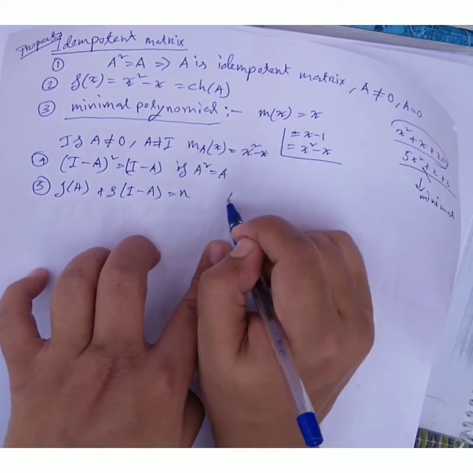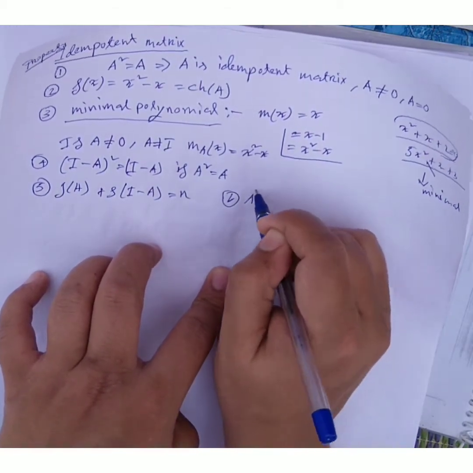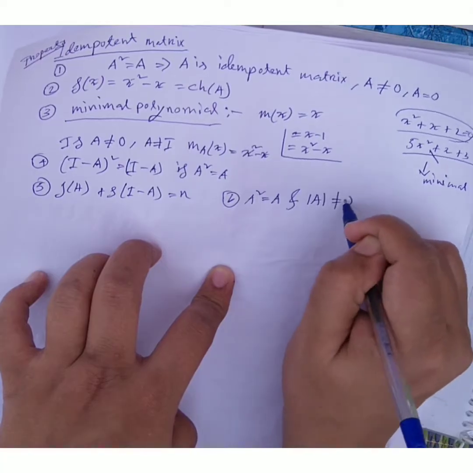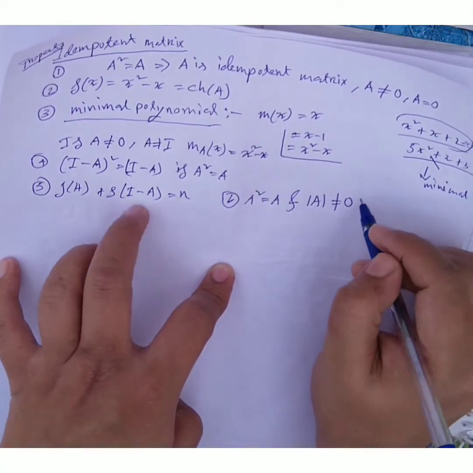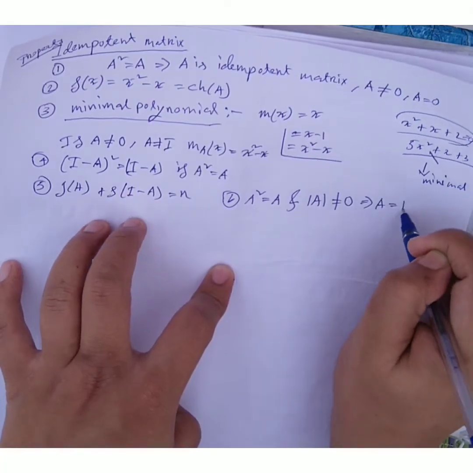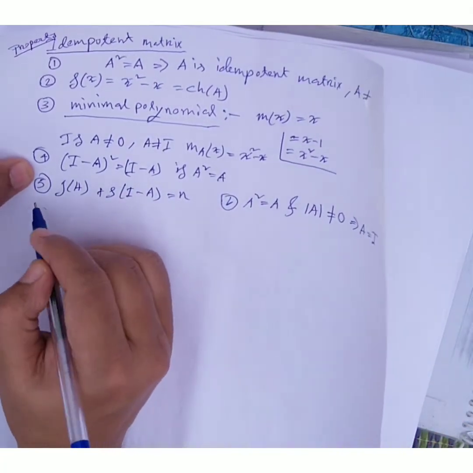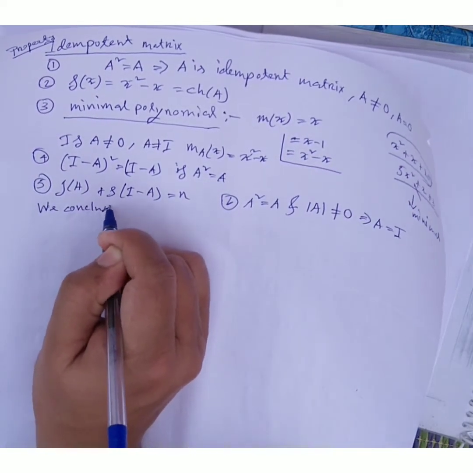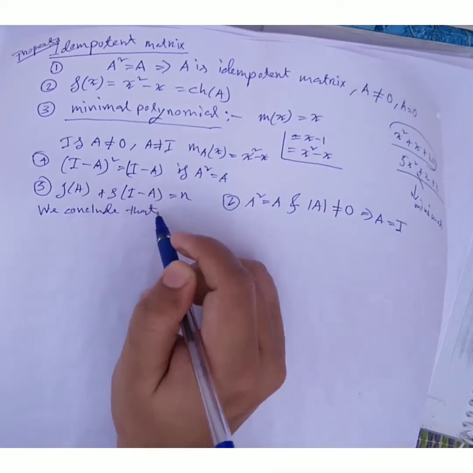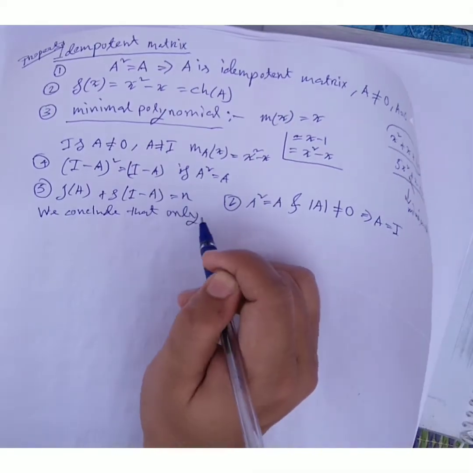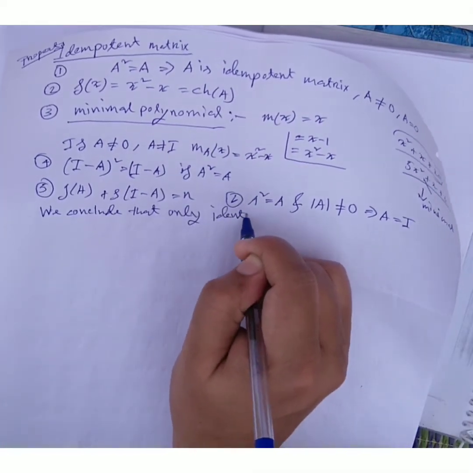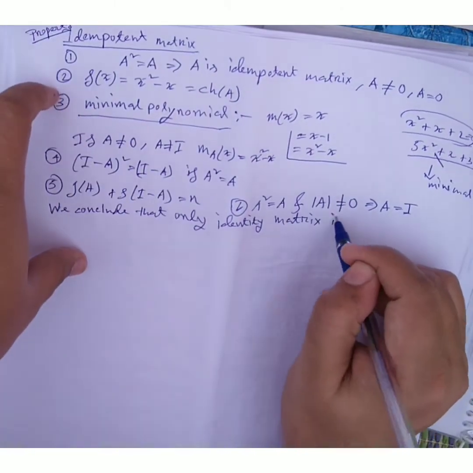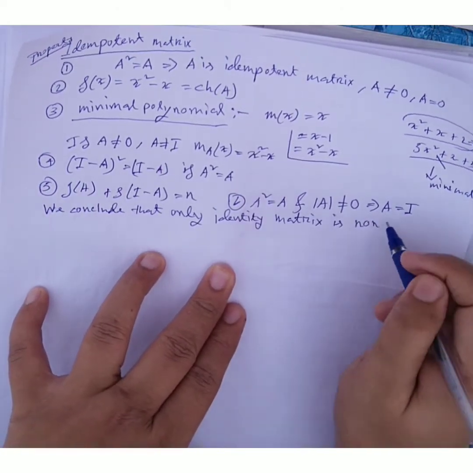And number 6, if A square is equal to A and A does not equal 0, then A is equal to I. So we conclude that only the identity matrix is a non-singular matrix.